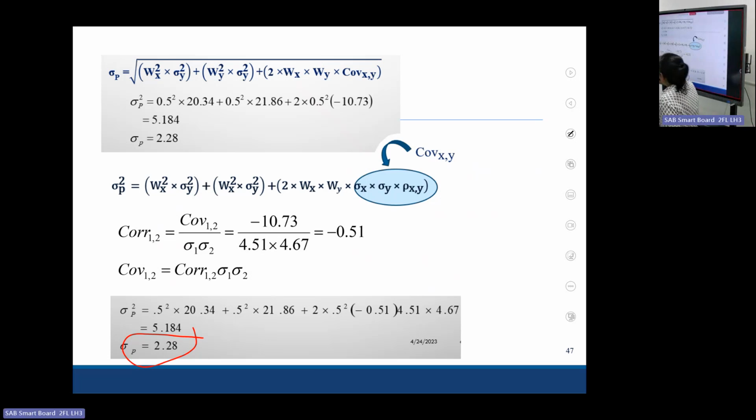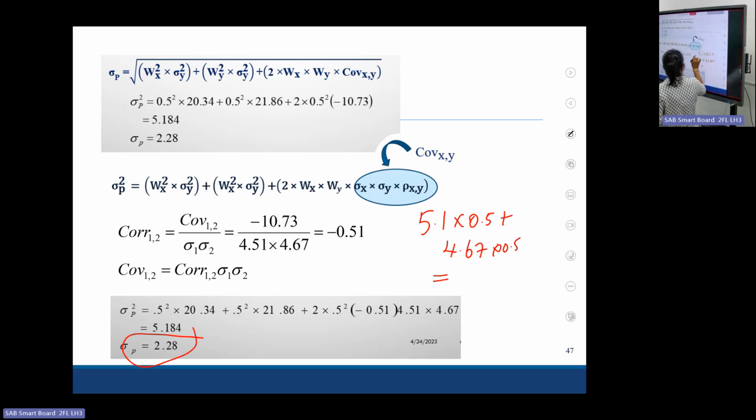Now, in this example, calculate the weighted average standard deviation value. The standard deviation of X is 5.1, take 50% of it. The standard deviation of Y is 4.67, take 50% of it.